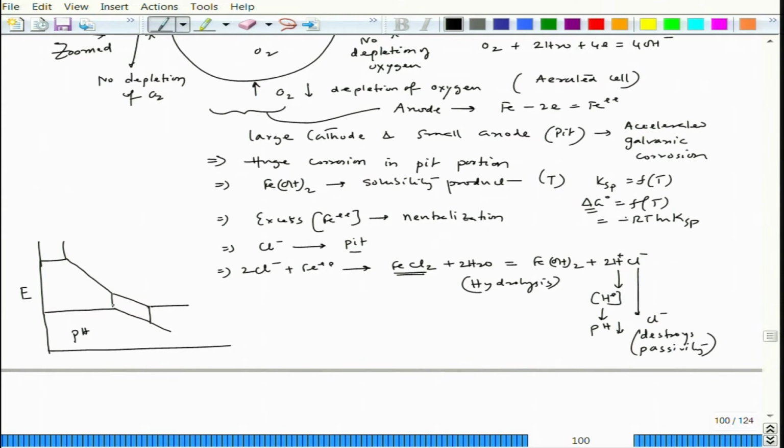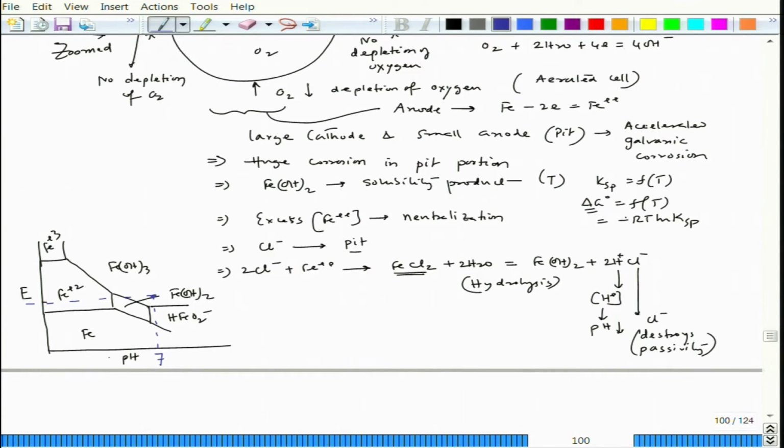This is pH, this part is Fe, the immunity zone, this is Fe2+, this is Fe3+, this is Fe(OH)3, this is Fe(OH)2, and this is HFeO2-. If the potential is maintained here, and the pH is, let us say, 7, that means it is in a passivating condition.